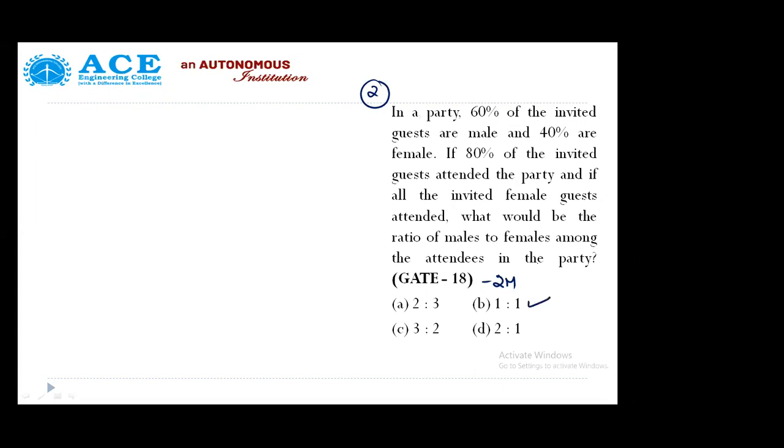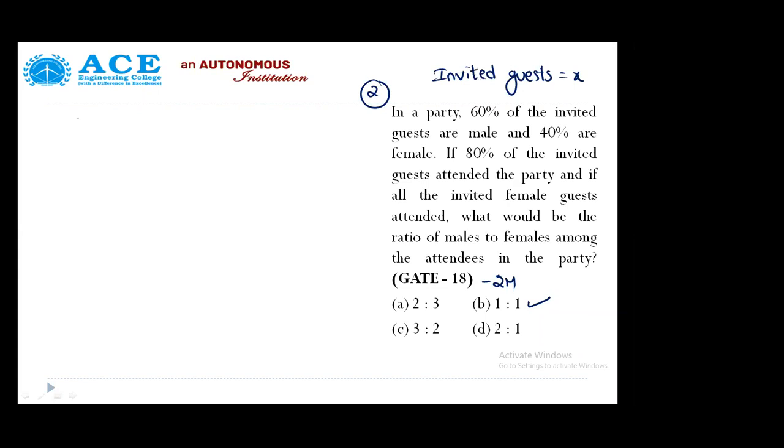Answer is 1:1. So guys, what we can do, in a party, 60% of the invited guests are male. Suppose invited guests, we don't know how much. Let's consider it is equal to something X. Now, as per the question, 60% of the invited guests are male.